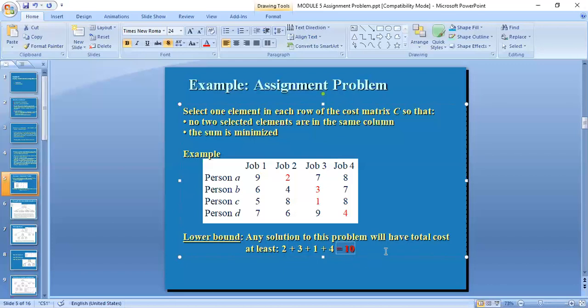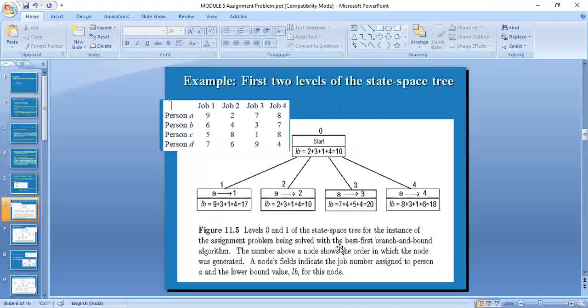It will be more than this, definitely, because see here itself you can see that person B is assigned with job 3, person C is also assigned with job 3, which is violating your constraints. So when we go ahead by solving the problem, the value may increase, but it says that at least a minimum of 10 will be there as a solution. It will be either 10 or more than 10, but it will not be less than 10. Clear? So now we will solve this problem.